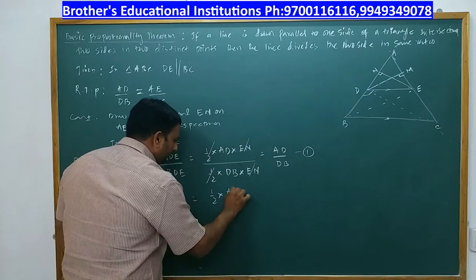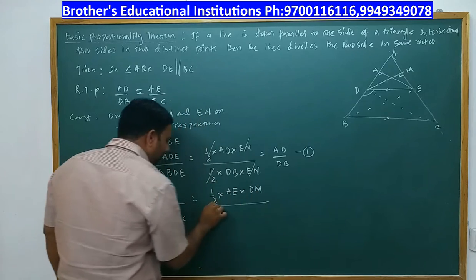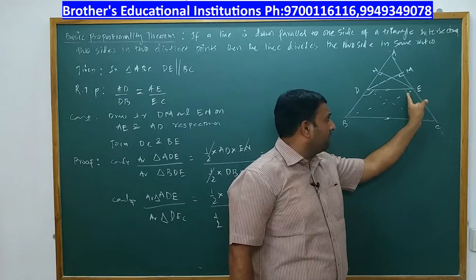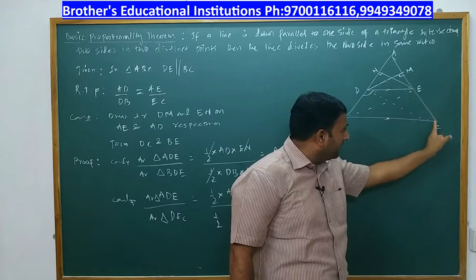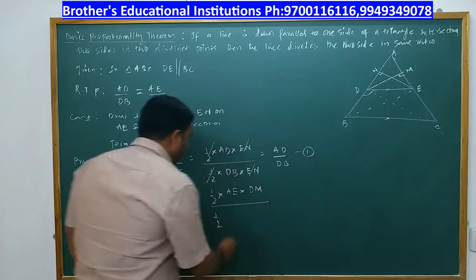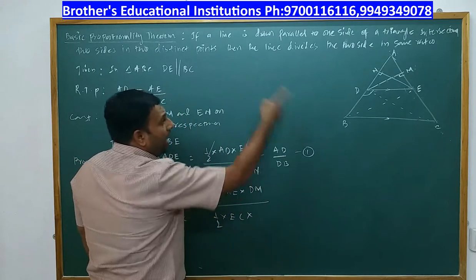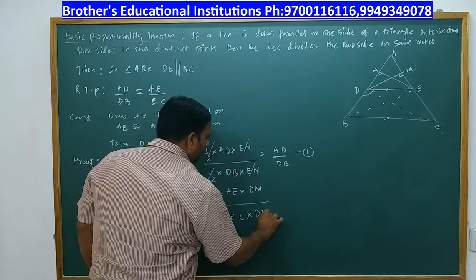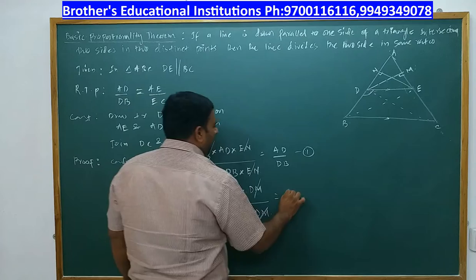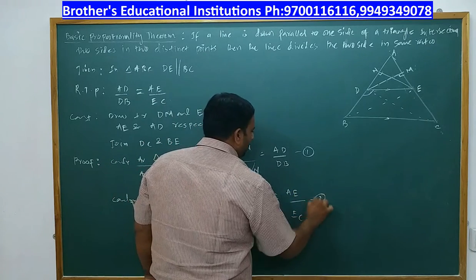Half AE into DM. Again, triangle DEC is an obtuse angle triangle. For this obtuse angle triangle, if I take the base as EC, the altitude or the height will be DM. So half EC into DM. If you observe carefully, half DM cancel, you are left with AE by EC. Call this equation 2.